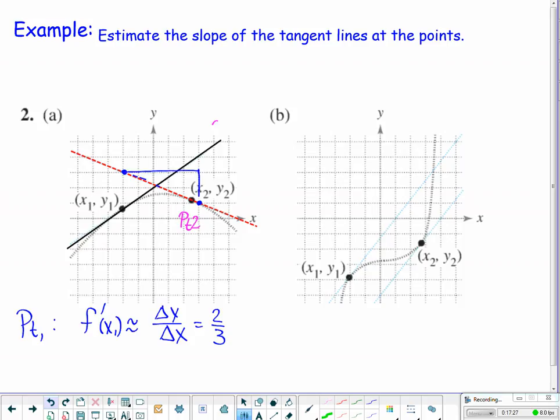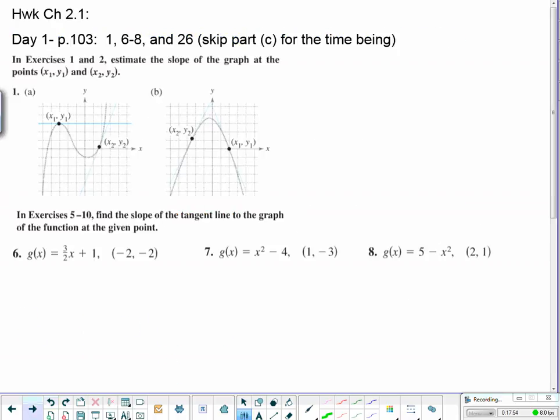So drawing in my triangle, this gives me my change of y position. This is my change of x. Change of y is up 2. Change of x is over 1, 2, 3, 4, 5 units. So I would say f prime of 2 is approximately a change of 2 over a change of 5. And so that's what you're asked to do in homework on those 2 problems when you get there.